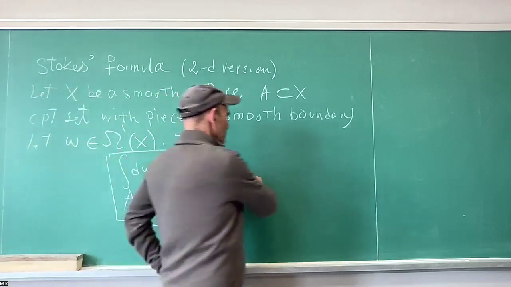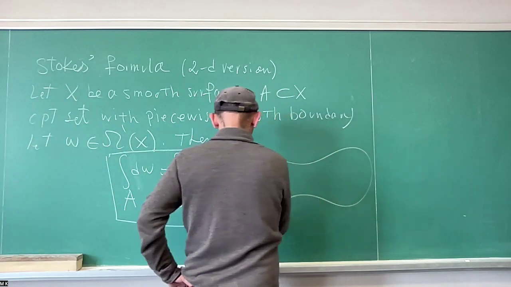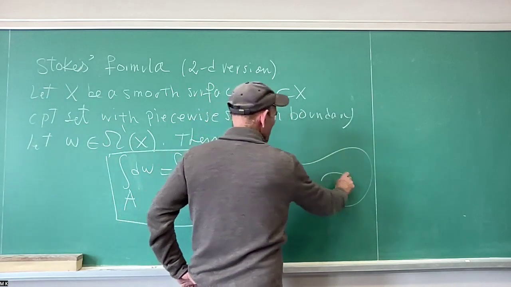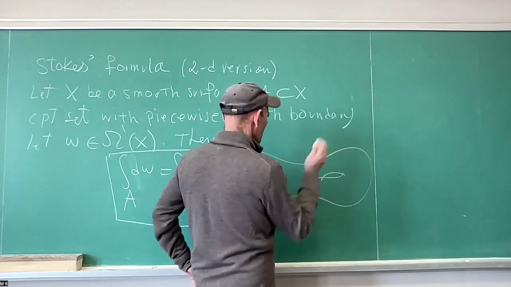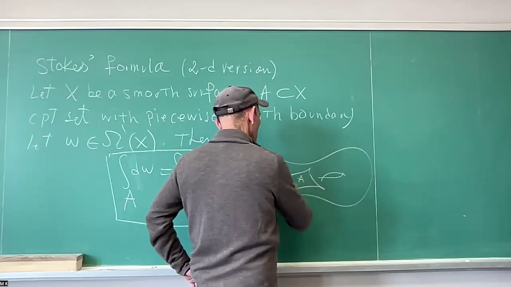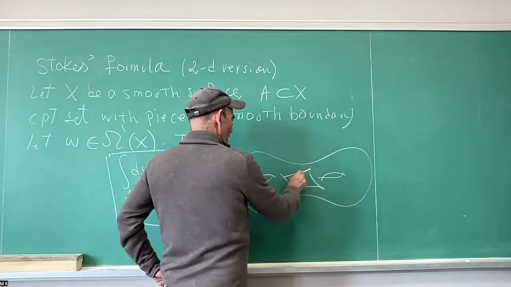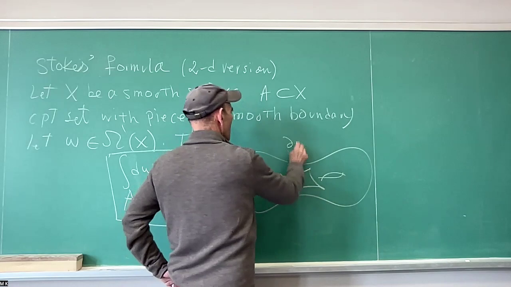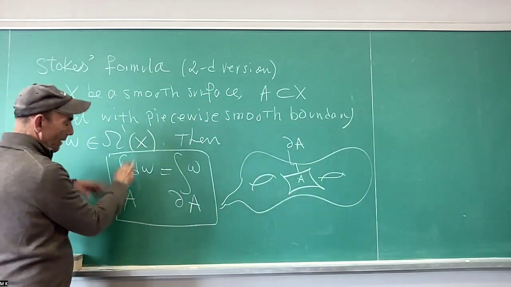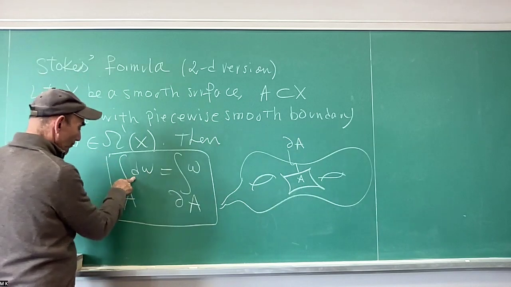If you want a picture, this is again a two-dimensional surface. So this is A, and this is the boundary of A. You have a one-form, you differentiate it, and it is a two-form.